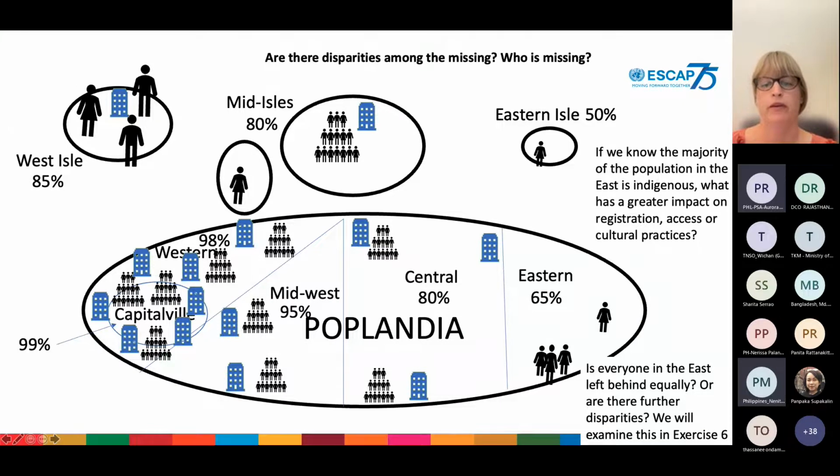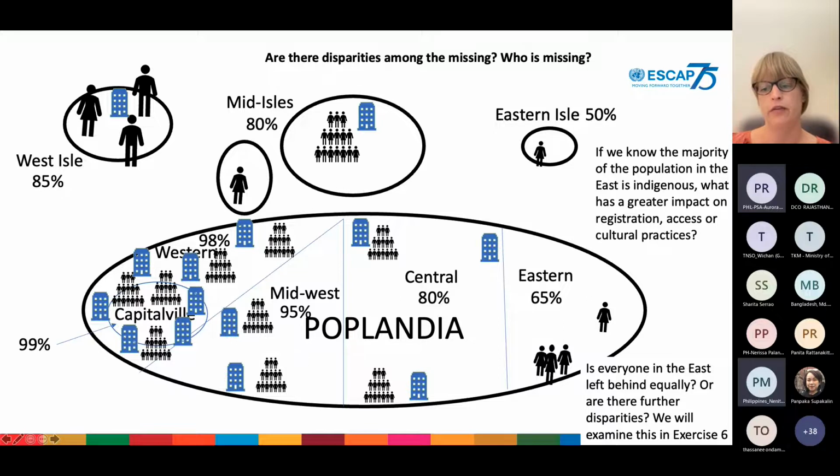But we want to know a little bit more information. So let's say that we know the majority of the population in the East is Indigenous. We would ask ourselves, obviously not having a registry office is going to impact registration, but how much does the ethnicity, perhaps cultural practices or awareness or whatever else might be going on, how much is that also impacting it?